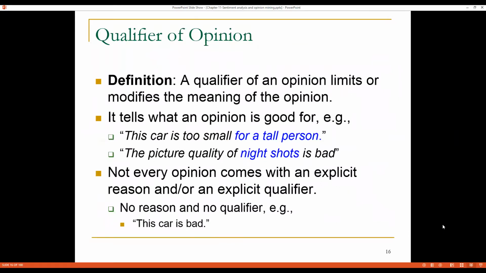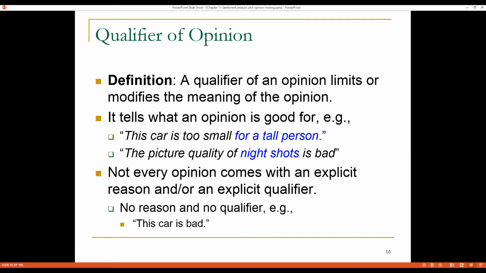There's also a qualifier of an opinion. A qualifier limits or modifies the meaning of the opinion. The example it gives here is the car is too small for a tall person. So it qualifies the car as being too small for someone who is too tall, or the picture quality of night shots is bad.